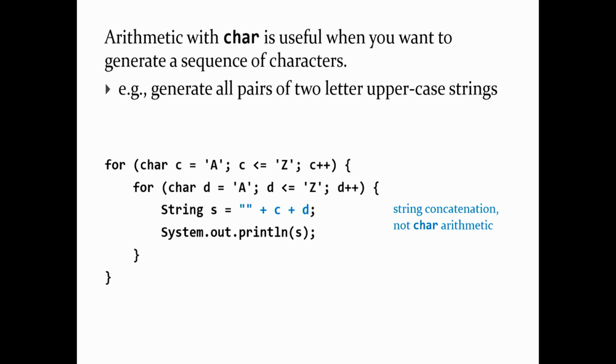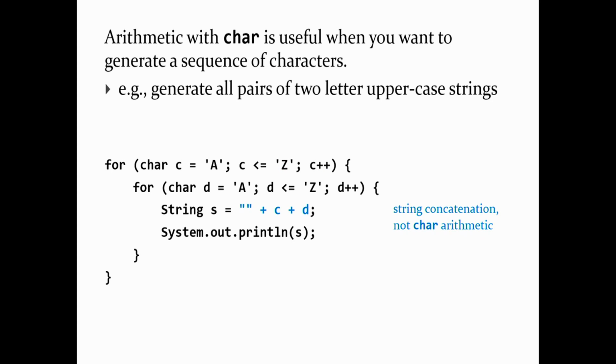Okay, so arithmetic with char is useful when you want to generate a sequence of characters. So if I wanted to generate the sequence of characters, in this case, AA through ZZ, it is in fact useful to use char, to use arithmetic, I'm sorry. So you can write a loop starting at A, going up to and including Z, and adding 1 each time through the loop.